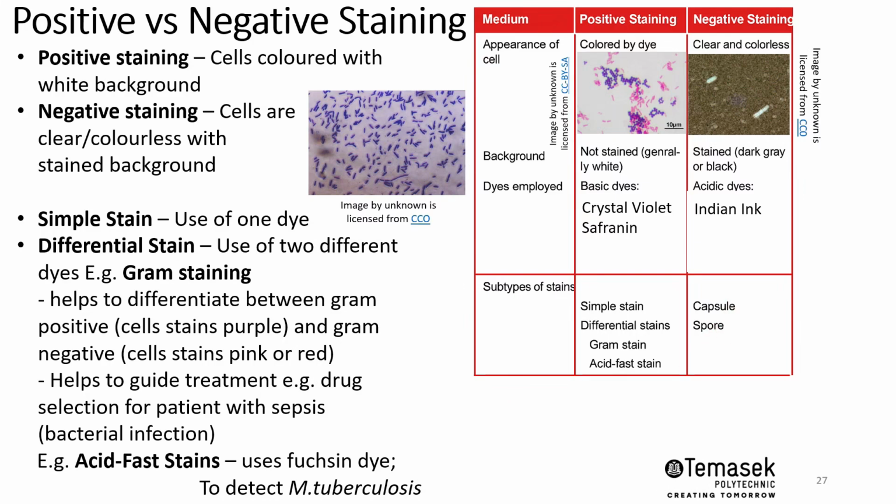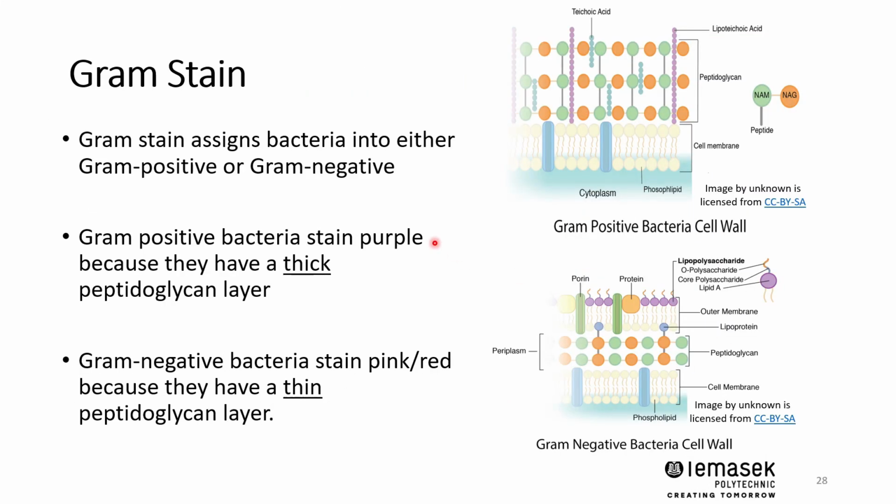So we talked about gram staining just now as a differential stain. Gram staining allows you to differentiate between gram-positive and gram-negative bacteria. Gram-positive bacteria stain purple once you apply the stain because they have a thick peptidoglycan, as you can see here on the right-hand side. The peptidoglycan consists of your teichoic acid as well as your lipoteichoic acid.